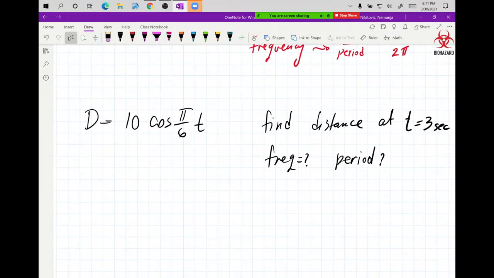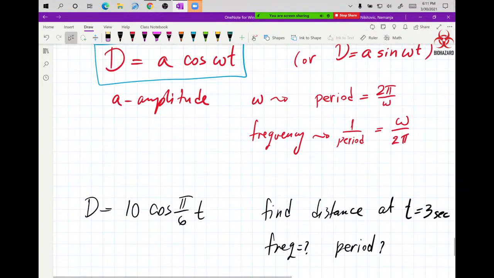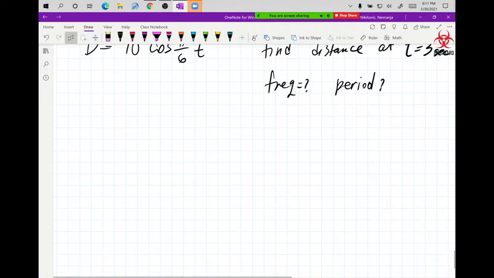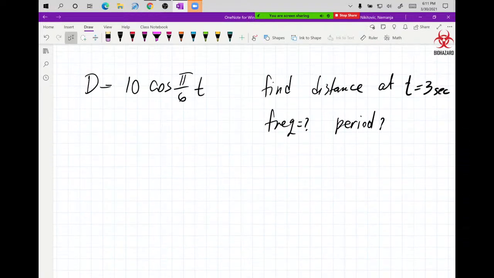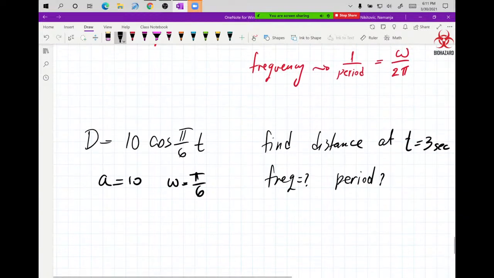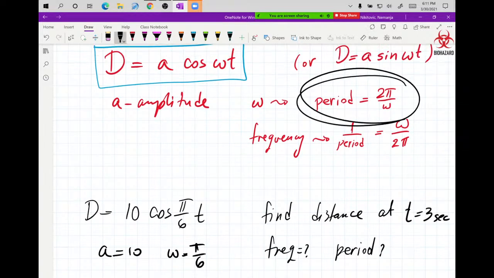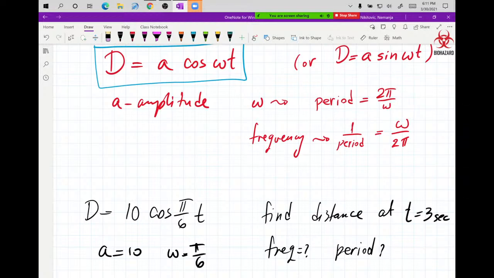Okay, well, we already know that period is 2 pi over omega, so why not use it? Your A is 10, and your omega is pi over 6. So we can use our formula to calculate period, and then we flip it inside out, and we get the frequency immediately. So period is 2 pi over omega.